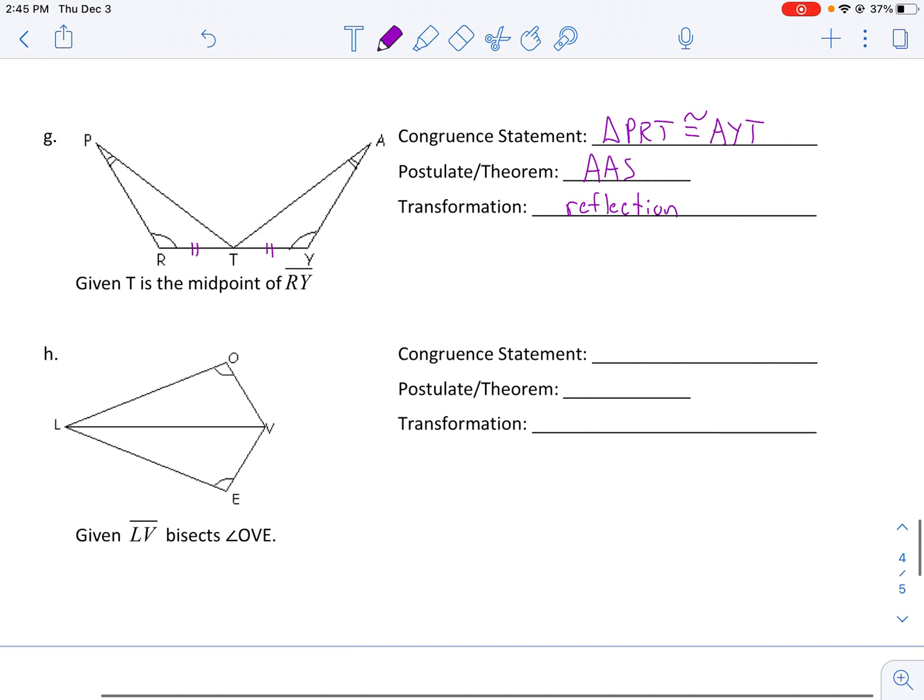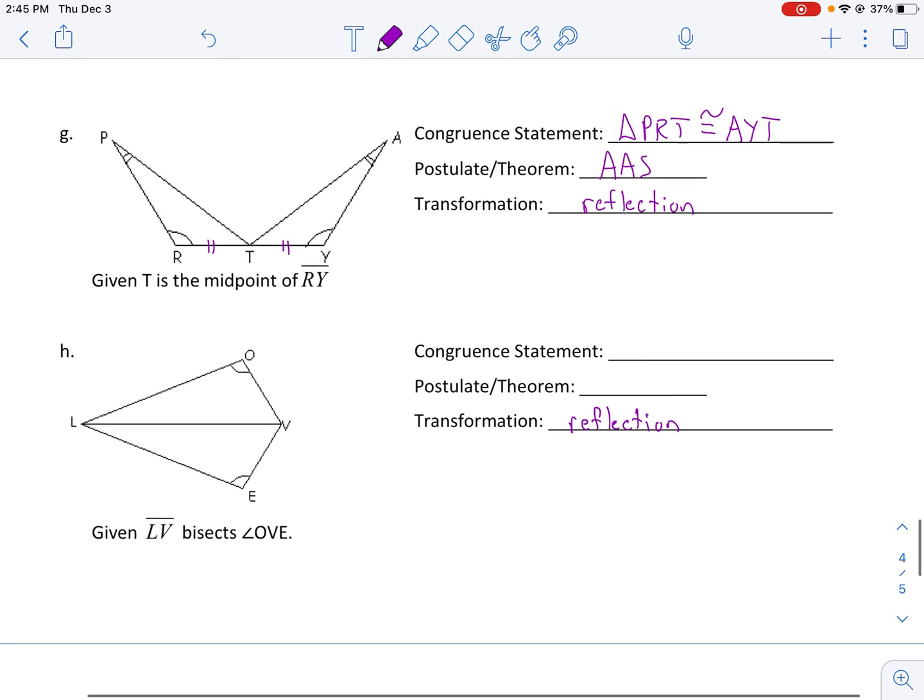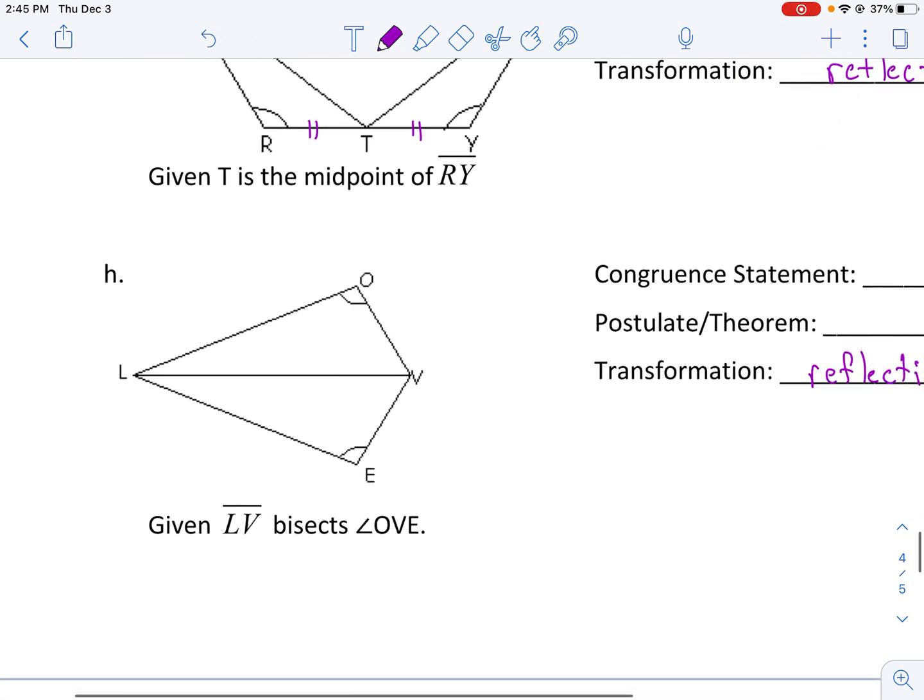And you might be able to tell on H right away, if they are in fact congruent, which I'll save you some time and tell you that they are, that our transformation is also a reflection for this one. Okay, let's figure out what is going on here though. We know that this side is congruent to itself. And here it tells us that LV bisects the angle OVE.